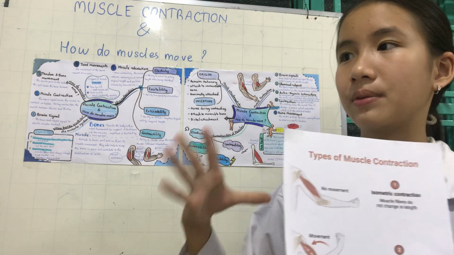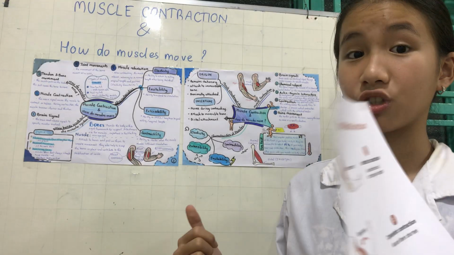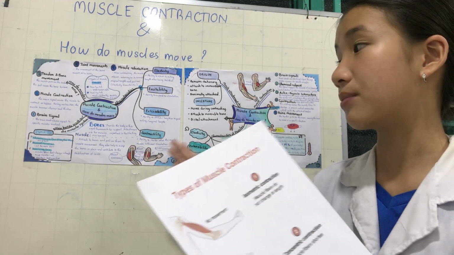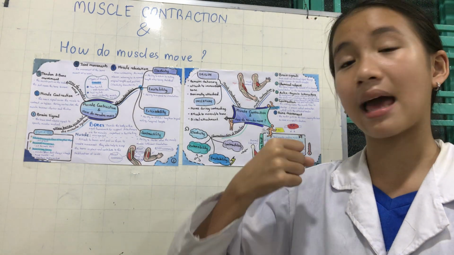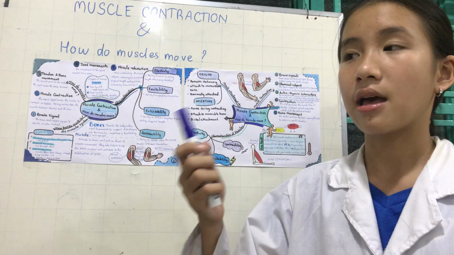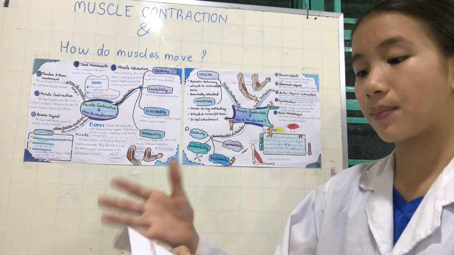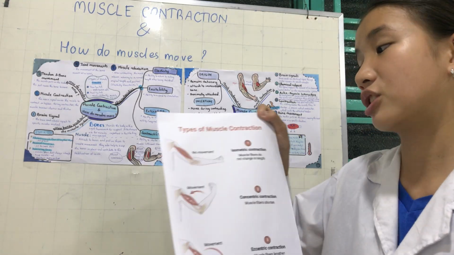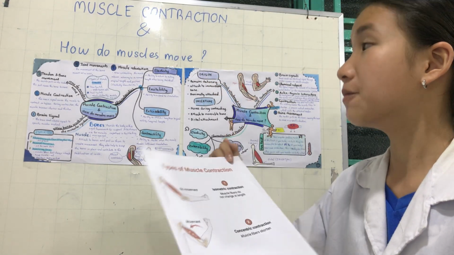So those will be the muscles associated with keeping your posture, because it keeps your posture all day. And then there's also holding that mug, holding a marker so that it won't drop, and that is also an example of a stabilizing force, the stabilizing force of isometric contraction. So those are the 3 main types of muscle contraction.